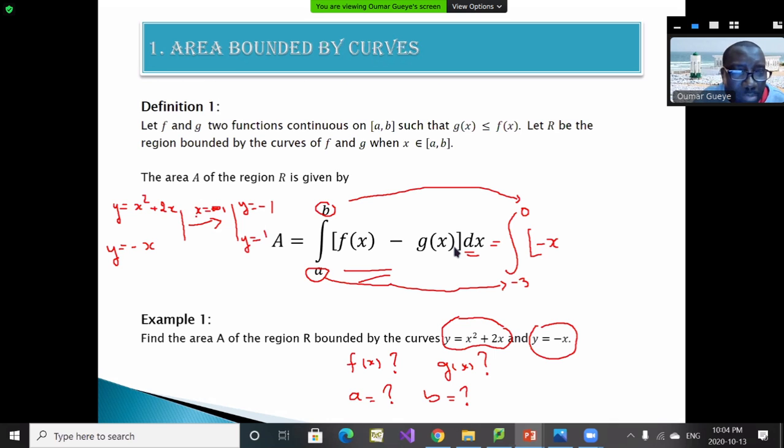By replacing x by -1, because -1 is between -3 and 0, the first function returns us -1, and the second one gives us 1. So the second value is greater than the first one. That's why we take this function, because the second value, 1, is obtained from this equation. And minus now g. In this case, g is gonna be x squared plus 2x.